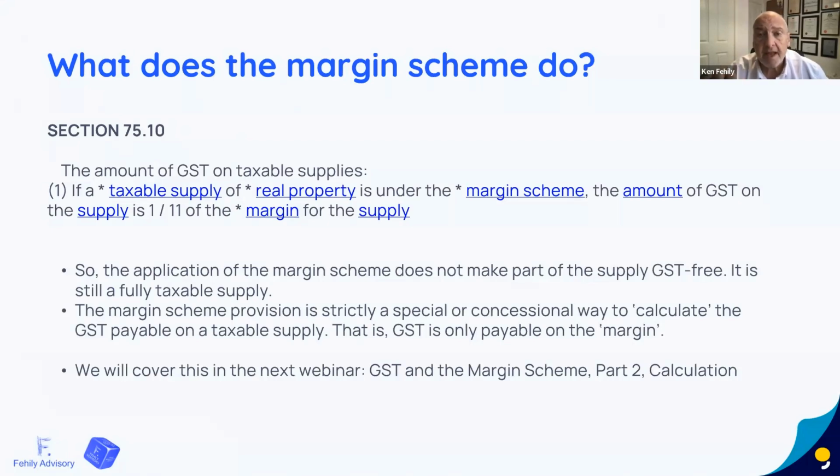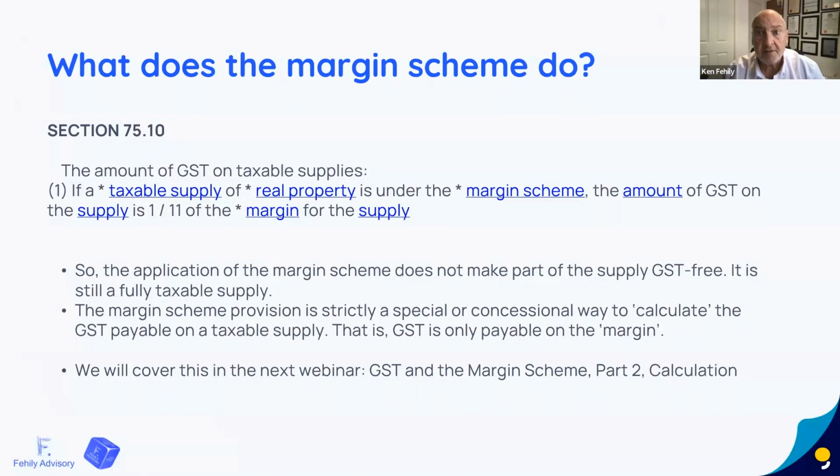That means the margin scheme is simply about the amount of GST you pay. The application of the margin scheme does not mean some of the property is taxable and some of it is GST free. The whole thing is taxable, even though you don't pay tax on the whole amount. This is what I'm trying to explain to you, the fundamentals. When you apply the margin scheme to real property, it doesn't make some taxable and some not taxable.